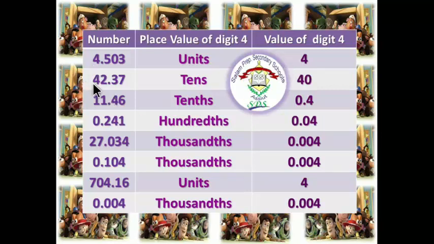The next number, 42.37. The place value of digit 4 is tens, okay? And its value is 40.